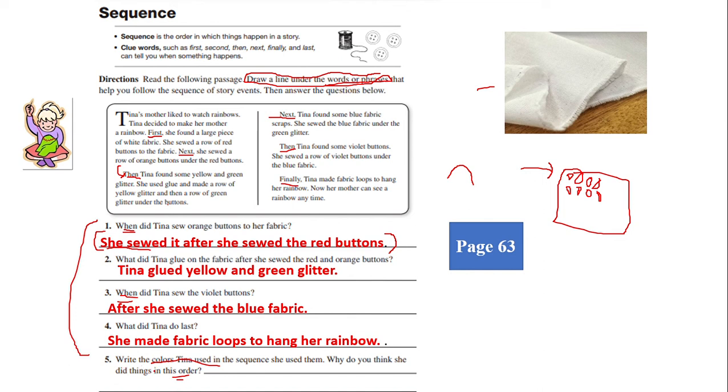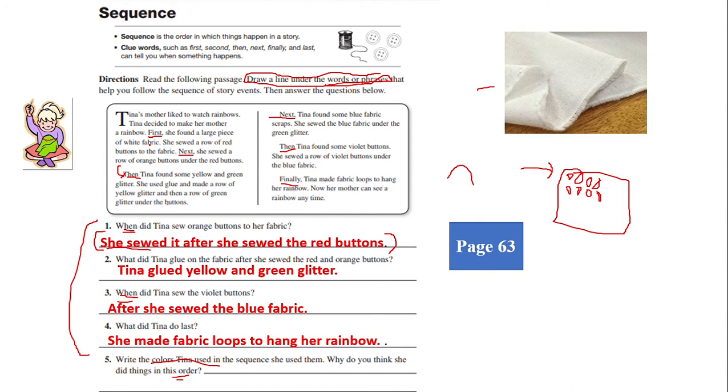So write the colors Tina used in the sequence she used them. What are the colors? It's not white fabric because she found a white fabric. So she didn't use it. This is the fabric for stitching the buttons. So she didn't use white.